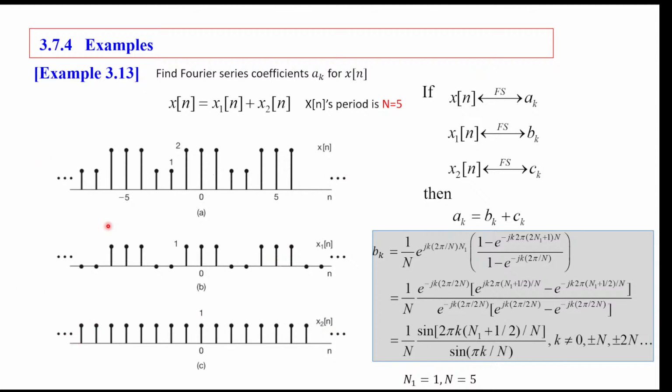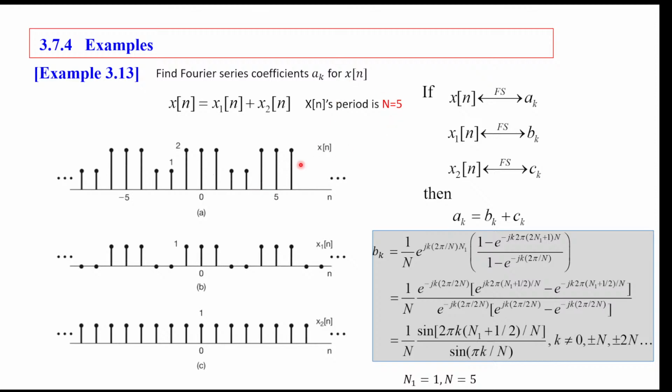So you can check very quickly that x1 of n plus x2 of n equals x of n, because those 2 points are 0 plus 1 equals 1, and those 3 points are 1 plus 1 equals 2, and all of them are periodic with period 5.